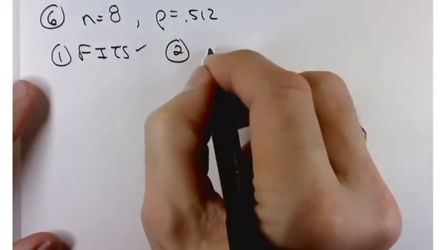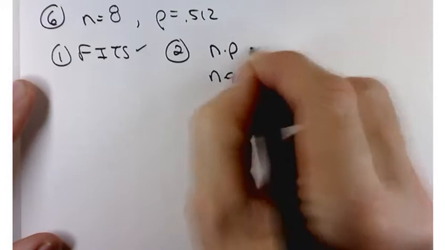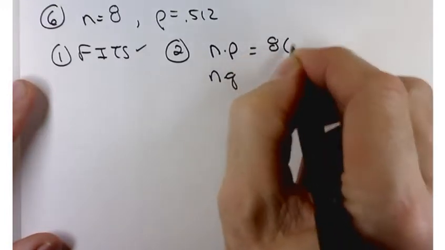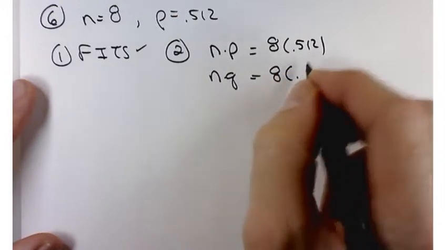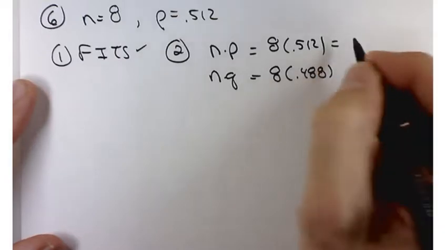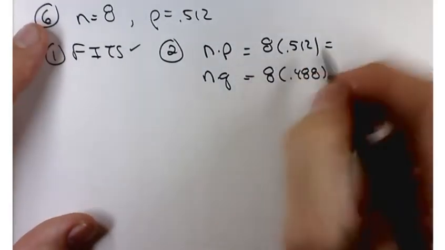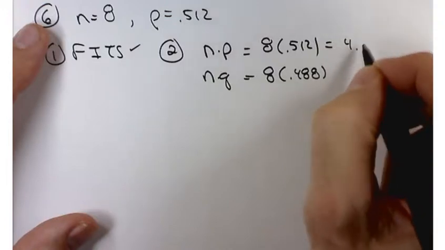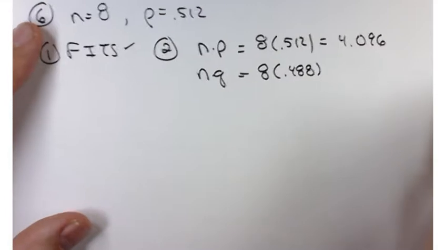The next part, we need to figure out np and nq, or 8 times 0.512 and 8 times 0.488. So 8 times 0.512, I think, is 4.096, right?